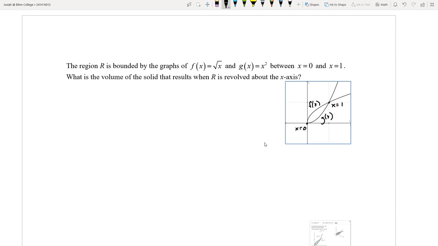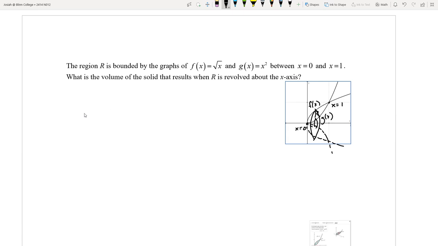All right, so here's our region in between those guys, and we're revolving that about the x-axis. So again, we're going to have a solid that's got a hole in it. Remember, the outer radius is the upper function.